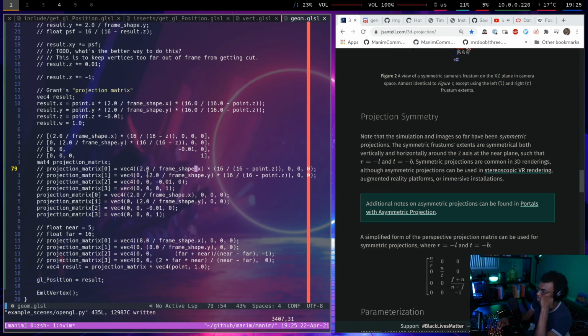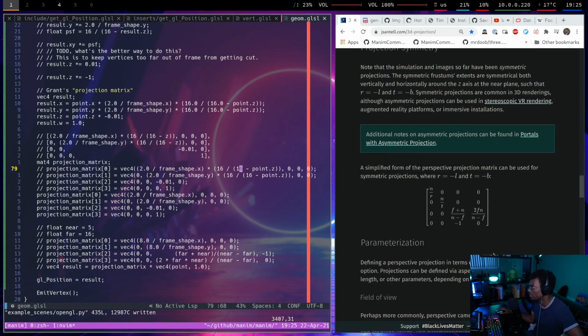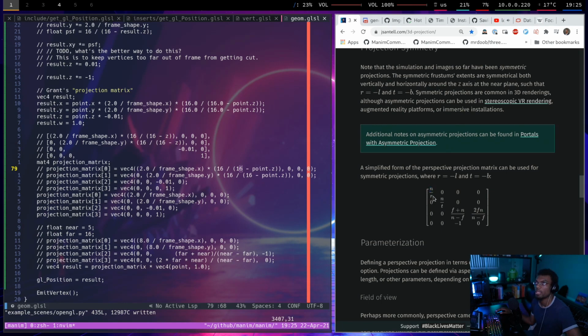So I guess this, multiplying by z, is the way that he gets perspective to happen. So how does perspective happen with a traditional projection matrix? Normally it isn't handled by the... Oh no, it is handled by the projection matrix, so it should be something in here.